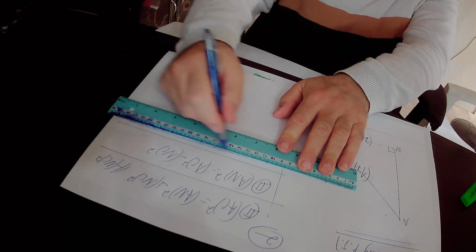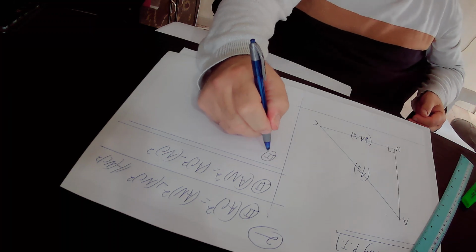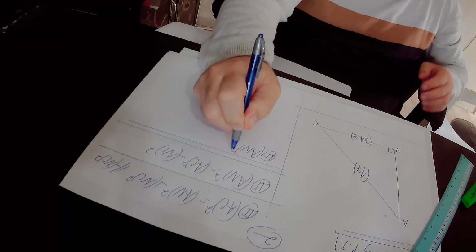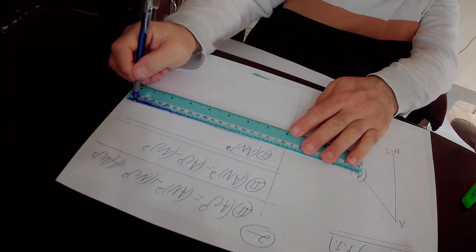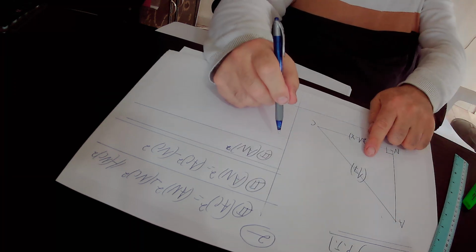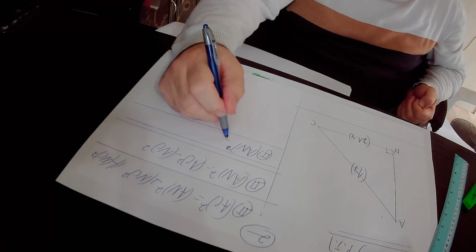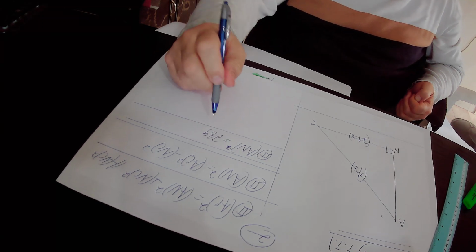Again, AN is the missing side, so we leave it as it is. So AN squared, according to equation 2, equals AC squared. AC is 17, therefore AC squared is 17 squared, that is 289, minus NC squared.